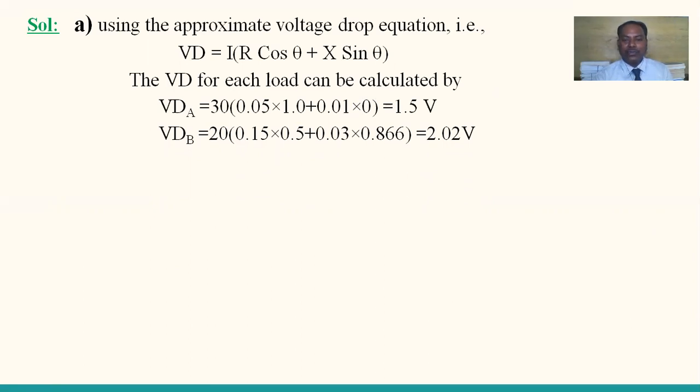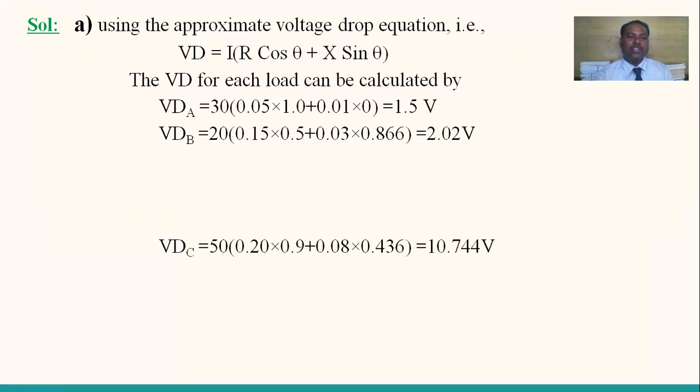The first section has 0.05 resistance, the second one has 0.1 resistance, so adding cumulatively, it is 20 into 0.15 into 0.5 plus 0.03 into 0.8. The power factor is 0.5, so cos theta is 0.5 and sin theta is 0.866, which gives 2.02 volts as the voltage drop at load point B.